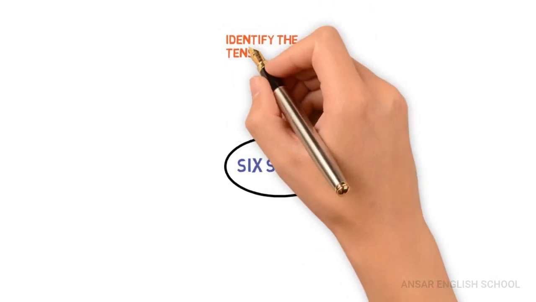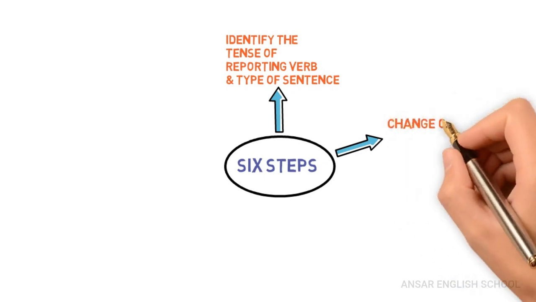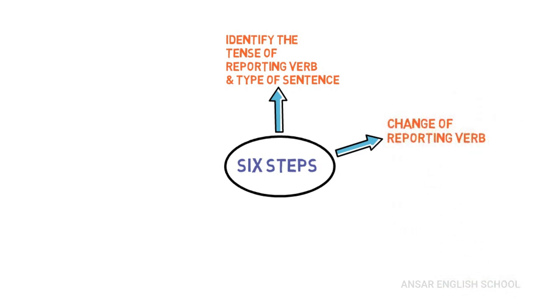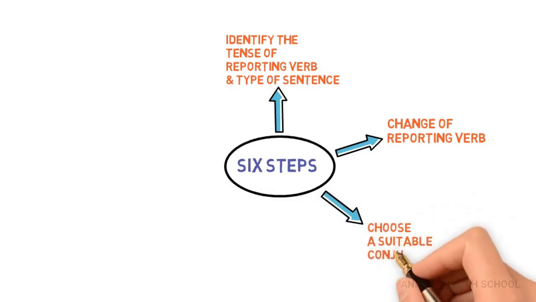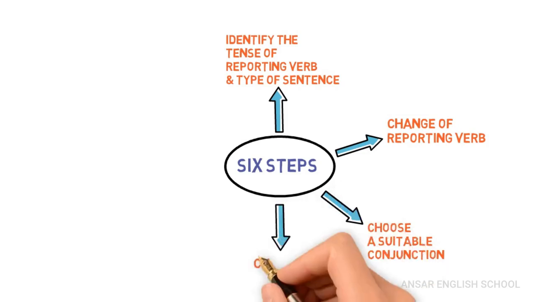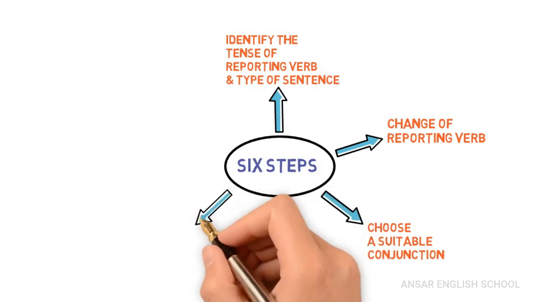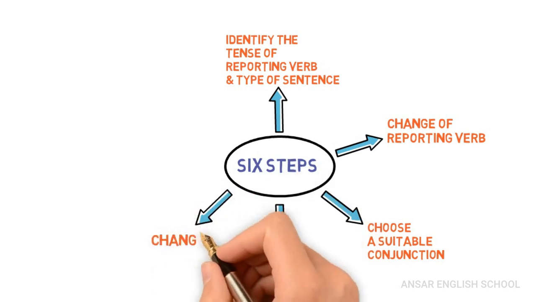So the first step, identifying the tense of the reporting verb and type of sentence. According to the tense of the reporting verb, we'll decide whether we should change the tense of the sentence given in that direct speech. And according to the type of sentence, we have to choose a suitable reporting verb and then a suitable conjunction.